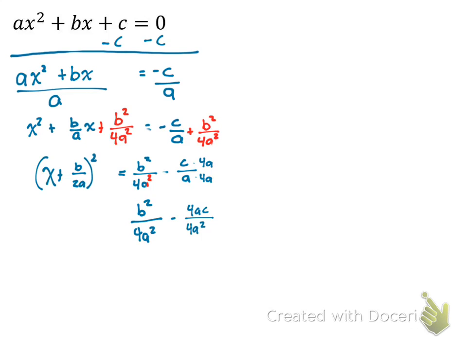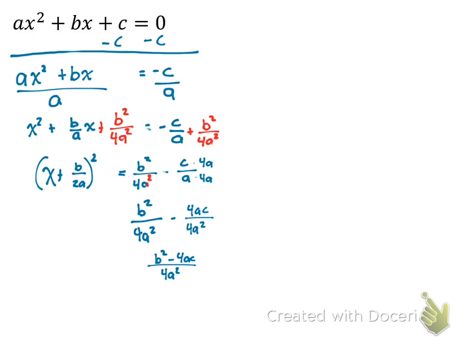Okay, and when I combine these two in the common denominator now, I'm going to get b squared minus 4ac all over 4a squared. Okay, are you all seeing a common part of the quadratic formula now?